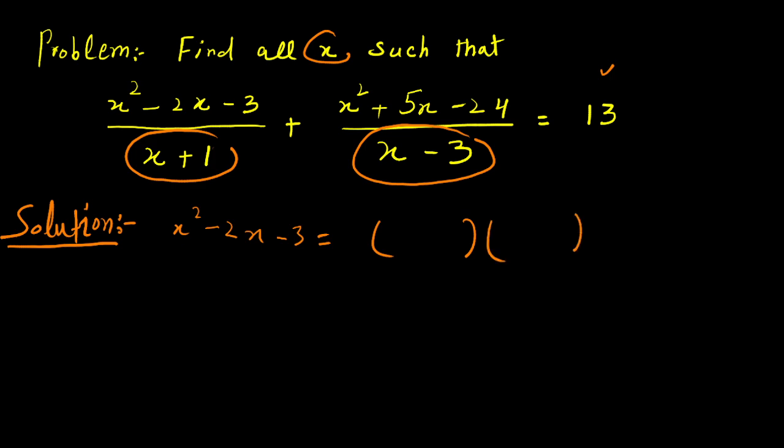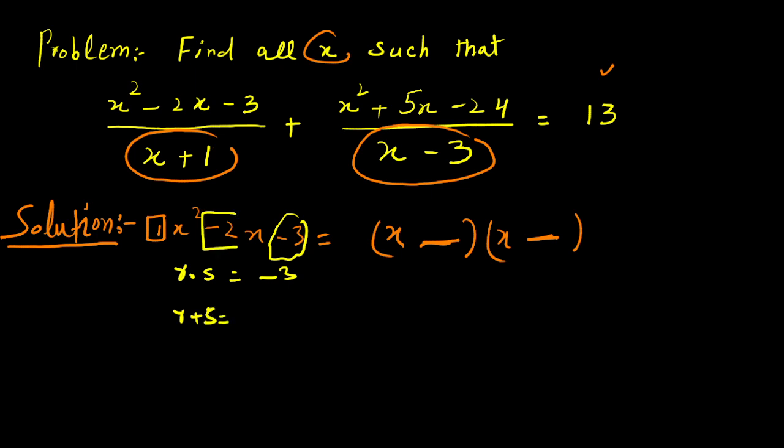Here the leading coefficient is 1, and when the leading coefficient is 1, you have to find two constants, let's say r and s, whose product is minus 3, this constant, and whose sum r plus s is equal to the coefficient of your linear term, that is minus 2.